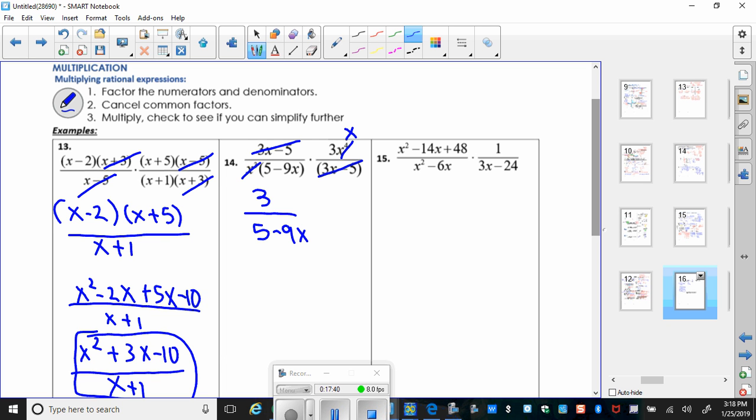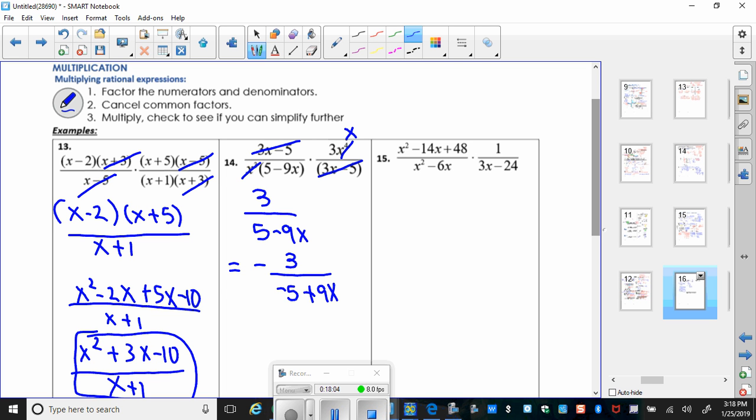If you wanted to take the negative out, you could also write negative 3, and this switches around. You have negative 5 plus 9x. You could flip it, switch it around, and take a negative out of the top and bottom, and just pull your negative to the side.